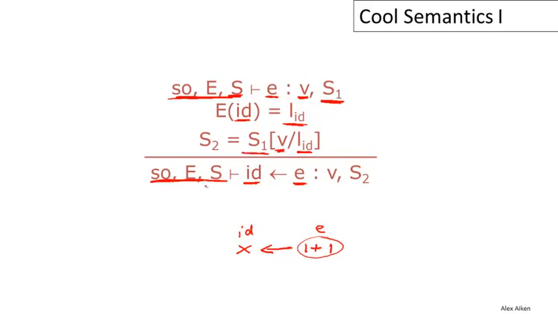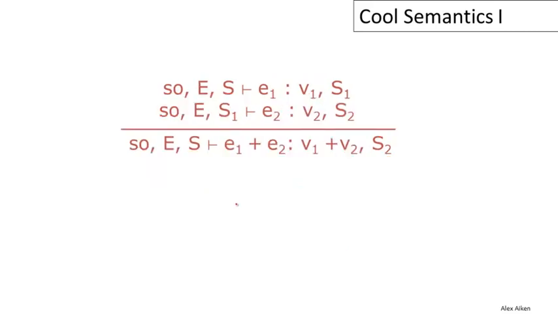And we do that in store S1, which gives us a new store S2. And now notice that S2 is the store that results from the evaluation of e. So after we do the assignment, it returns the value v, which was, of course, the value of running e, and it returns the updated store S2.